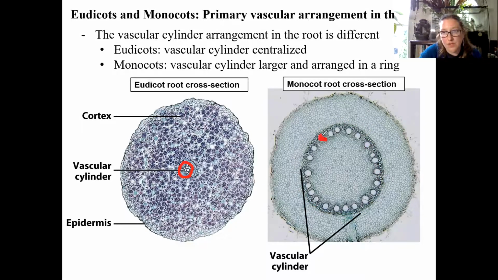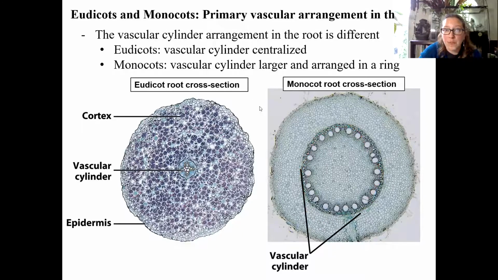There are parts of the vascular cylinder, you don't need to know them today, but they look like they're arranged in a ring. Whereas the vascular cylinder in the Dicot root is almost like X marks the spot. This is how I visualize these two, and you might want to as well. It's helpful.